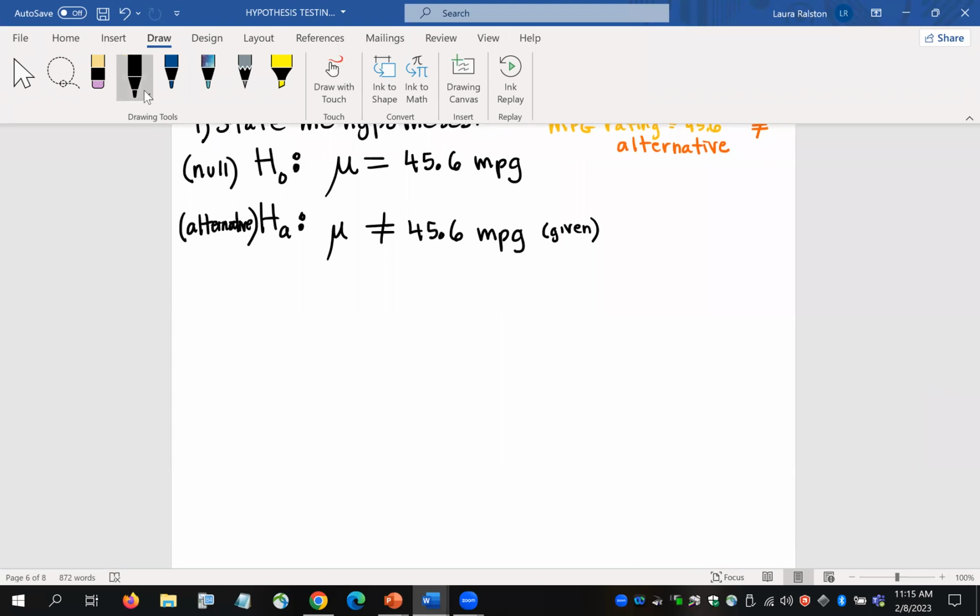Step 2, I need to identify the players. Again, I tend to make a table.